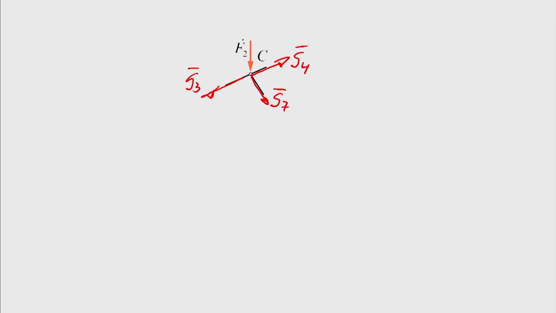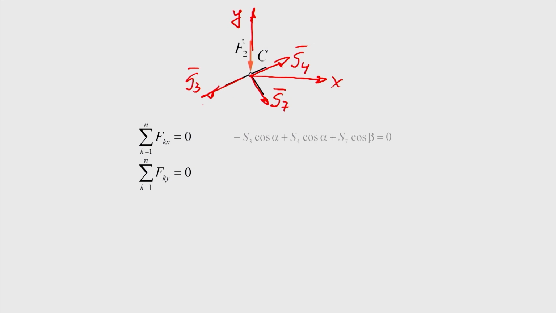The joint is in equilibrium under the action of the concurrent force system. Let us introduce a reference system and write down an equilibrium equation. When projecting the forces, we use the values of the angles alpha and beta determined earlier.